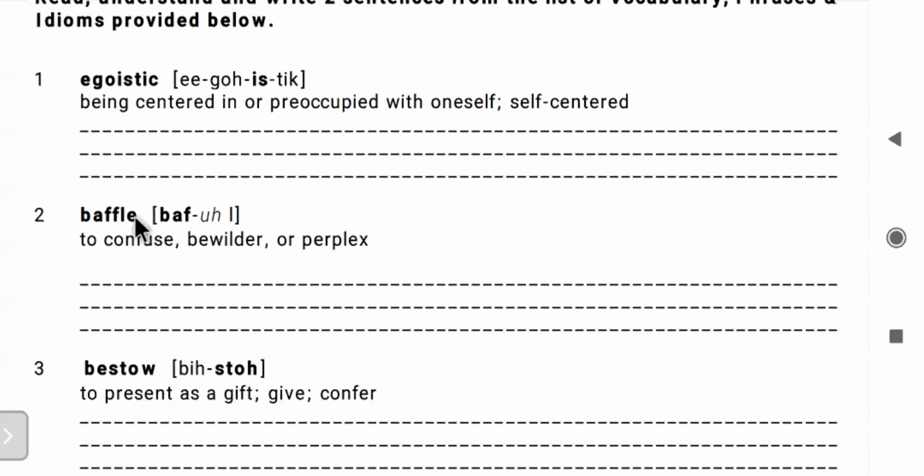So you should know what is baffling. This thing is baffling me means this thing is bewildering me, or this thing is perplexing me, meaning it is confusing. Okay, so a straightforward meaning is a state of confusion, and all of these can be used in the same manner: baffle, baffling; bewilder, bewildering; perplex, perplexing.